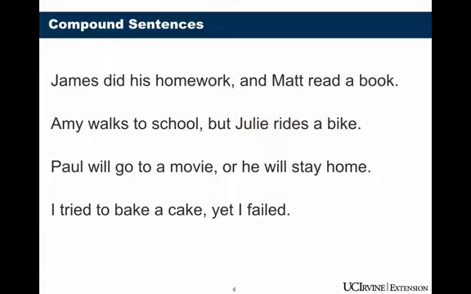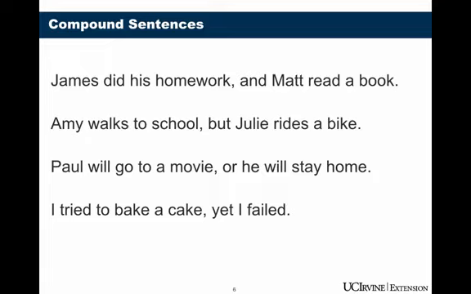Because it's a complete sentence, we put that comma in front of but. And on the third one, after or, we have he will stay home. He is a subject, will stay is the verb. That is a complete sentence. So now I have to put that comma in front of or. And on the last sentence, I tried to bake a cake, yet I failed.